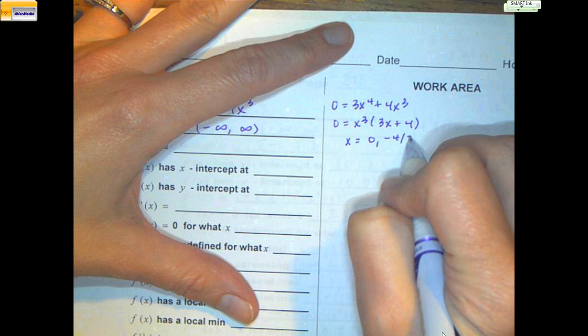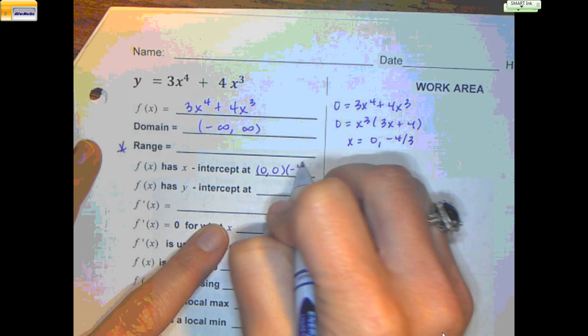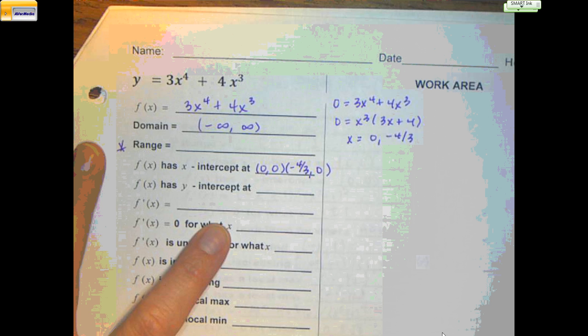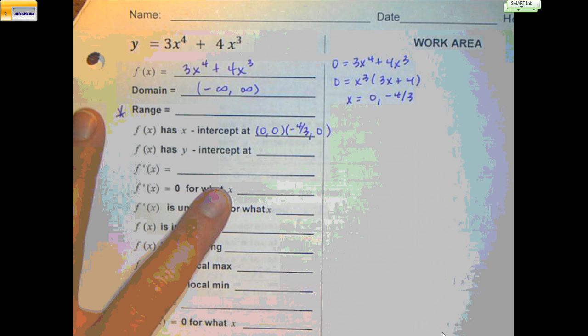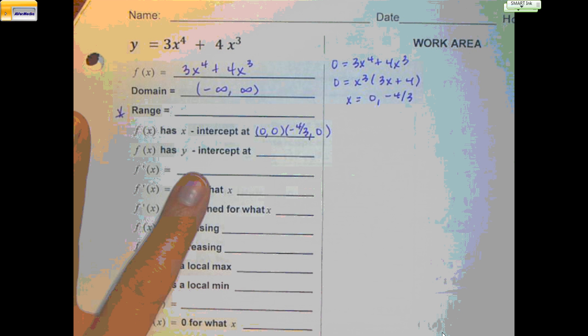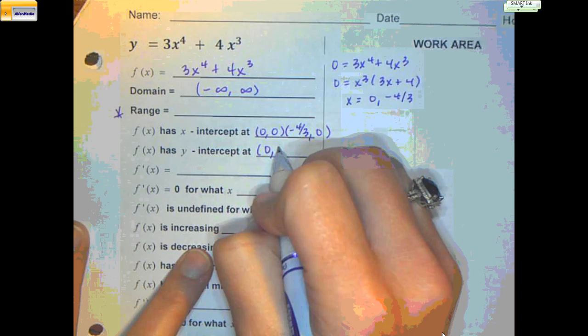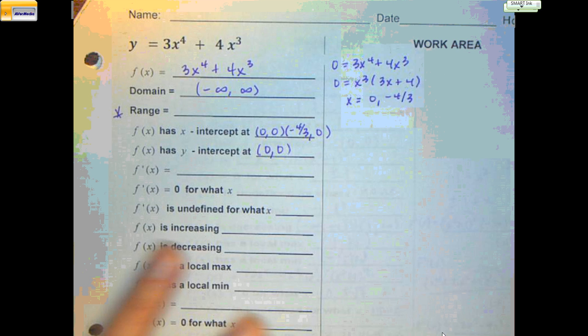So there's an x-intercept at 0, 0, and -4/3 comma 0. The y-intercept occurs when we plug in 0 for x. If I put in 0 for x, what do I get for y? I heard it. 0.